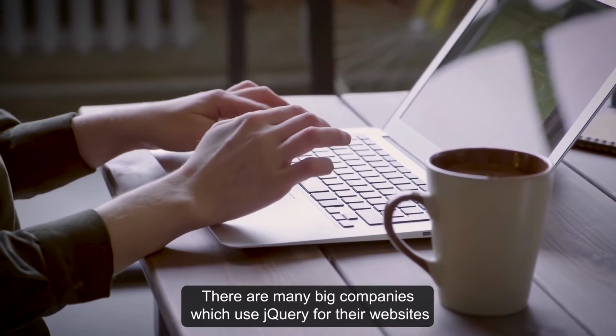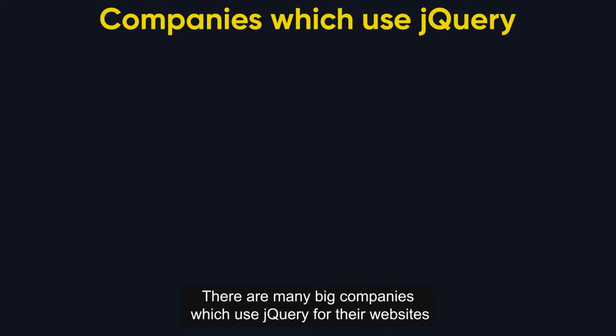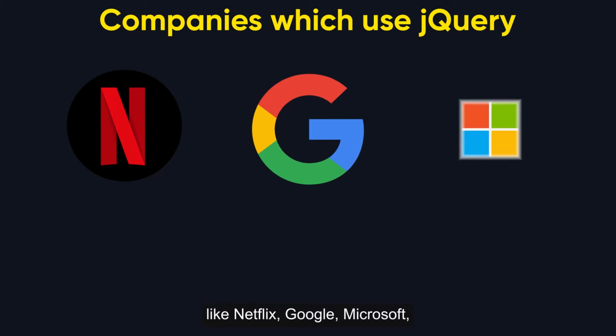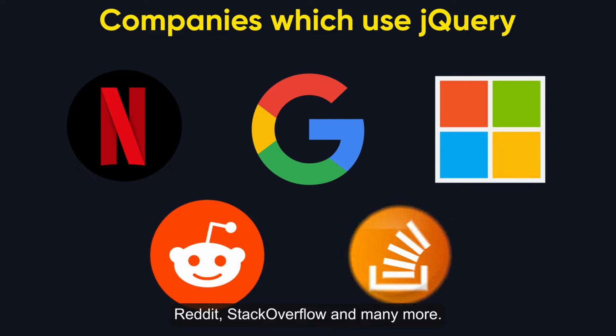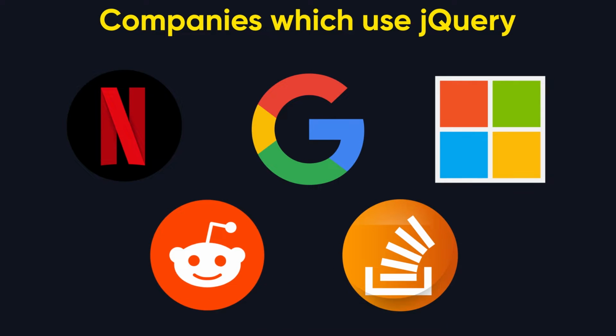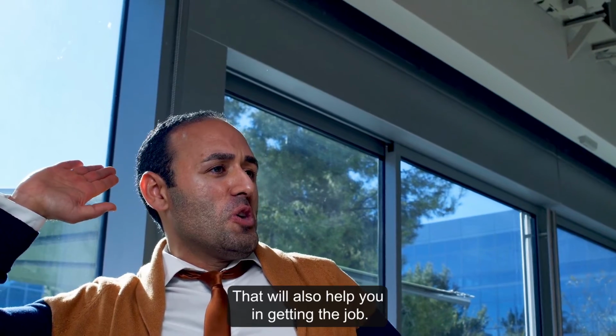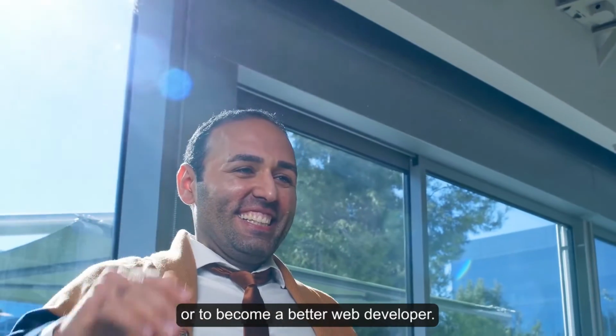Many big companies use jQuery for their websites, like Netflix, Google, Microsoft, Reddit, Stack Overflow, and many more. So after learning jQuery, you can add jQuery to your tech stack. That will also help you in getting a job or becoming a better web developer.